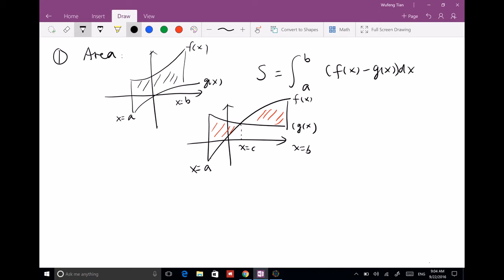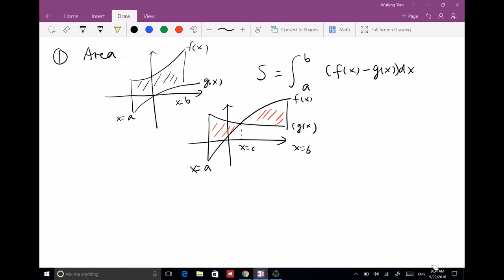So S equals, you do a to c, and you do g(x) minus f(x) dx, plus you do from c to b, and then the f is bigger, so you just use f minus g. Maybe I just write it here.